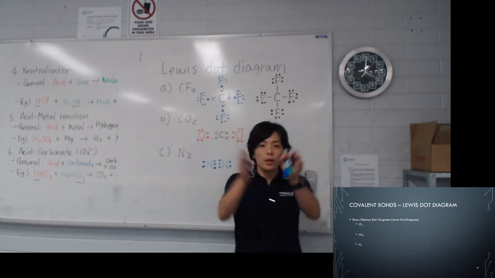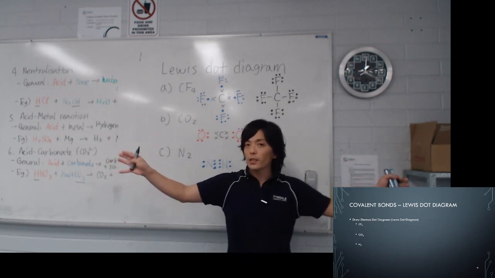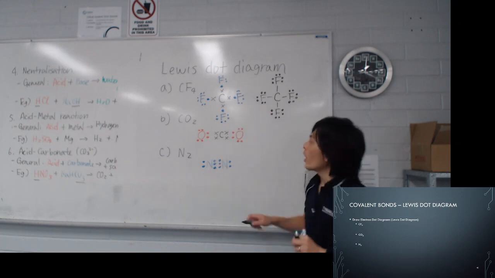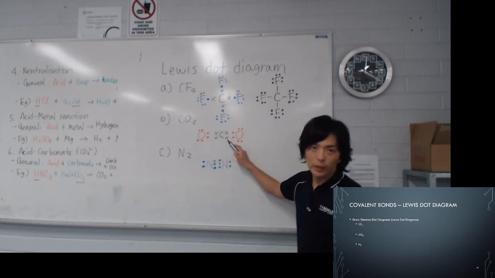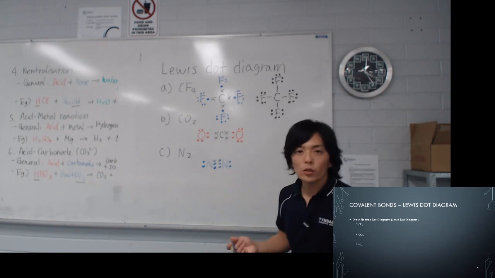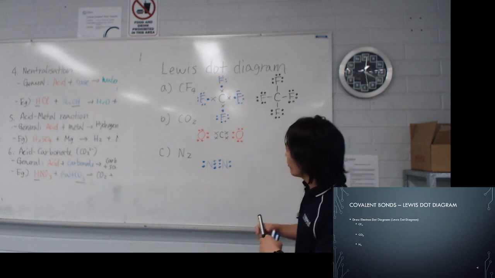Now they might be on each side usually, but in this case, because carbon's on this side, I put both electrons on this side. And I did the same for the other oxygen here. Now what you can see is carbon here already has 4, and 2, 2, so 4 electrons are added. Carbon now has 8 electrons around it.